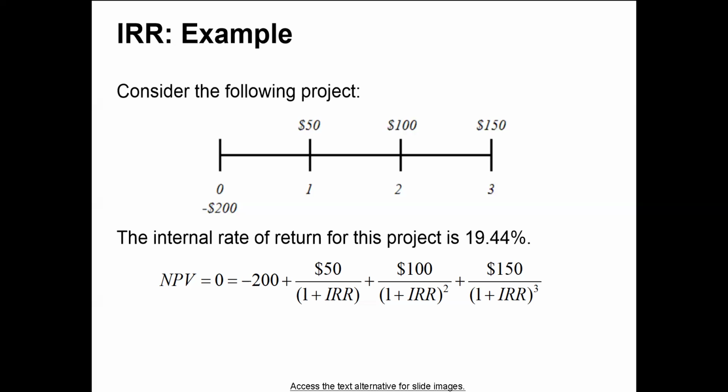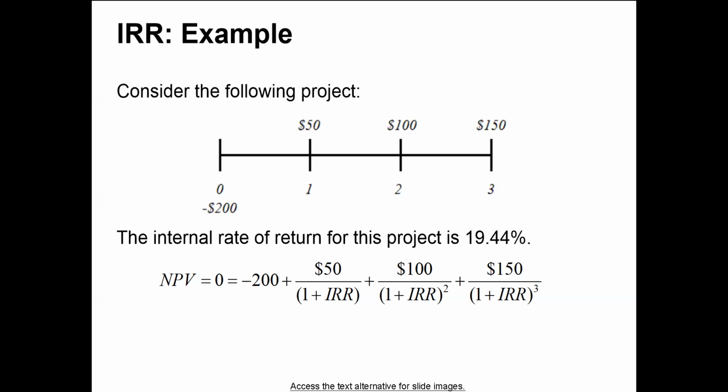Again, the IRR is the internal rate of return that makes the net present value equal to zero. So you can write down the formula to get the IRR like that.